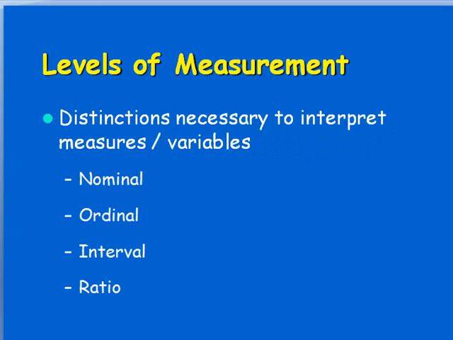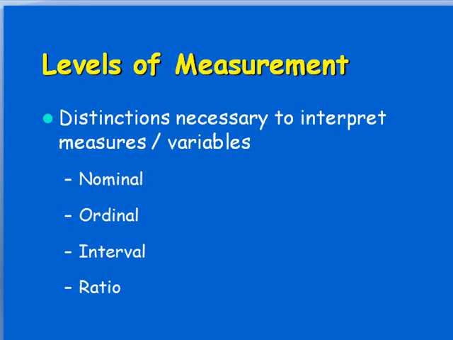Those characteristics of people are usually referred to as variables, and those are then broken down into 4 different categories, for quantitative variables.